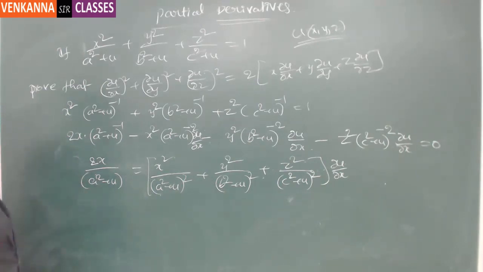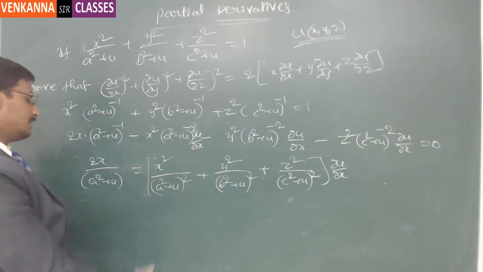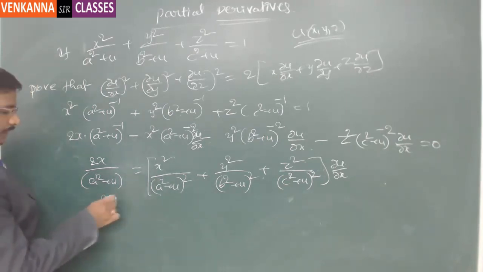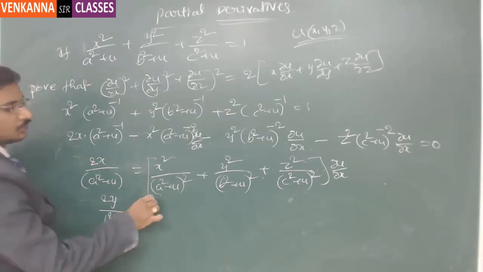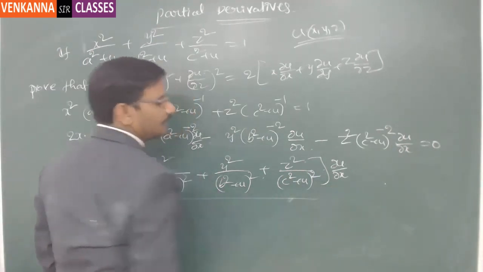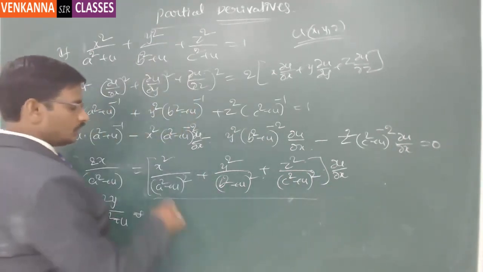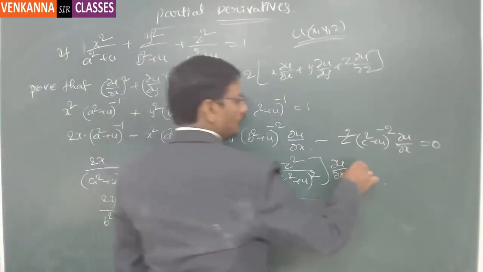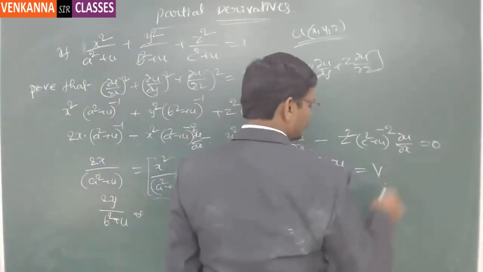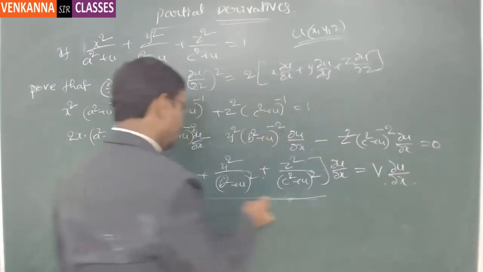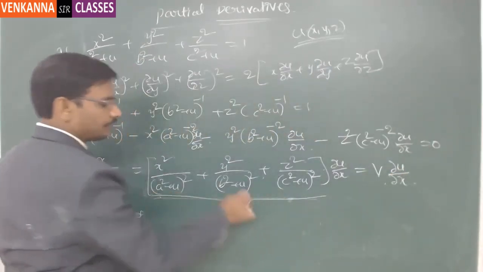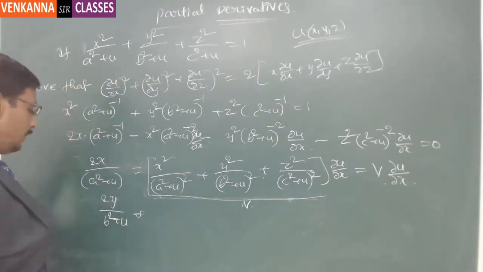Right? So once you understand this, now in exactly the similar manner, 2y/(b²+u) should be equal to the same thing repeated with ∂u/∂y. So I'll just call this entire thing v, and then v ∂u/∂x.